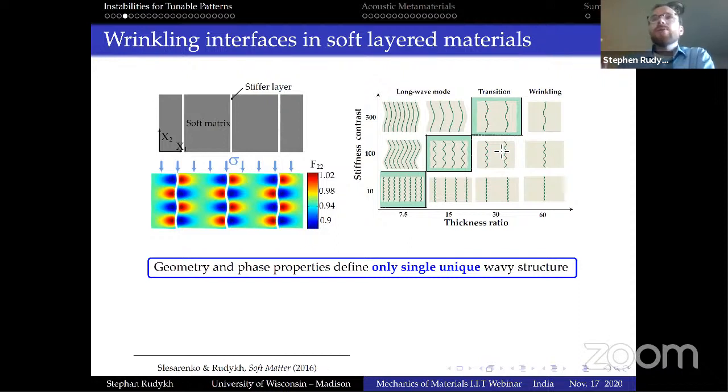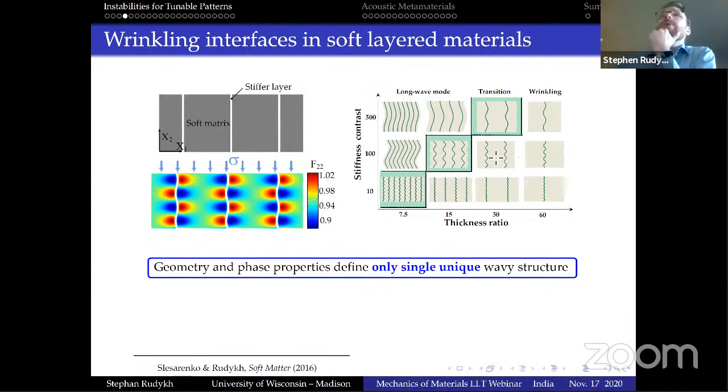So one of the motivations for this research is to provide access to as many microstructures and different behaviors for initially identical, the same material, and the way to extend that. So basically, once you, for example, print a particular structure, you are limited to only one configuration.